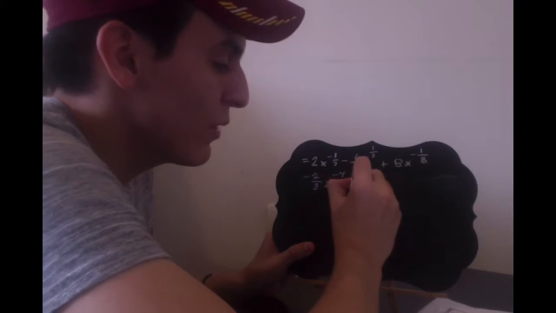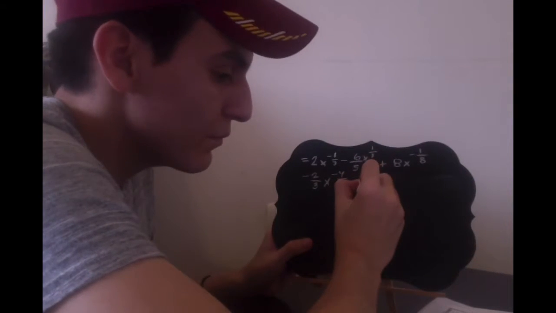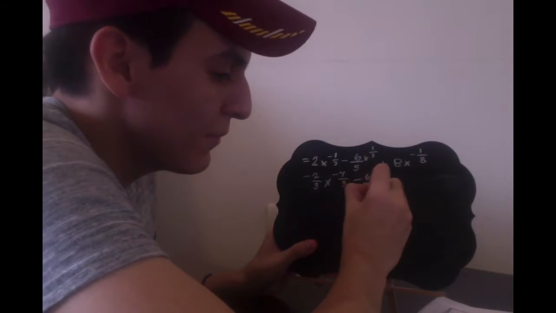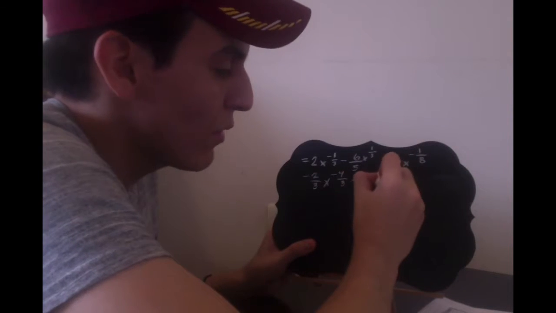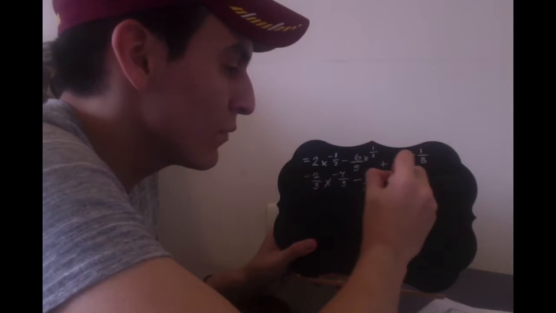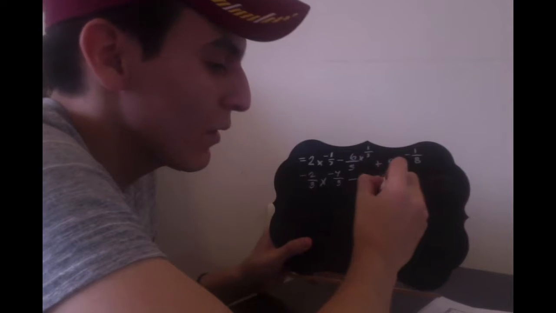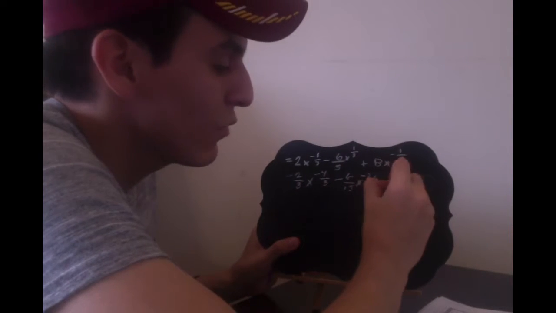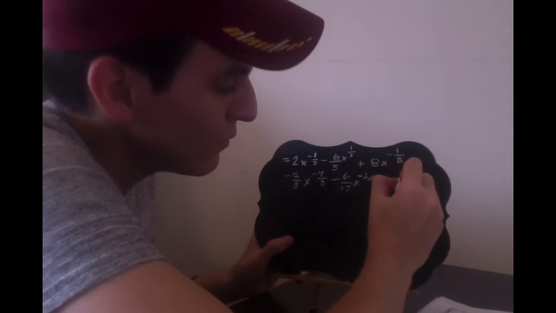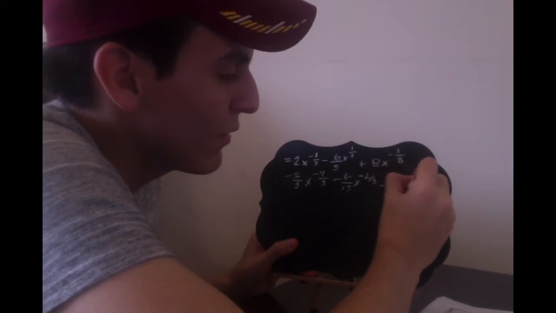The next term will be negative 6 over 15 x to the power of negative 2 over 3, and the last will be negative 2x to the power of negative 3 over 4.